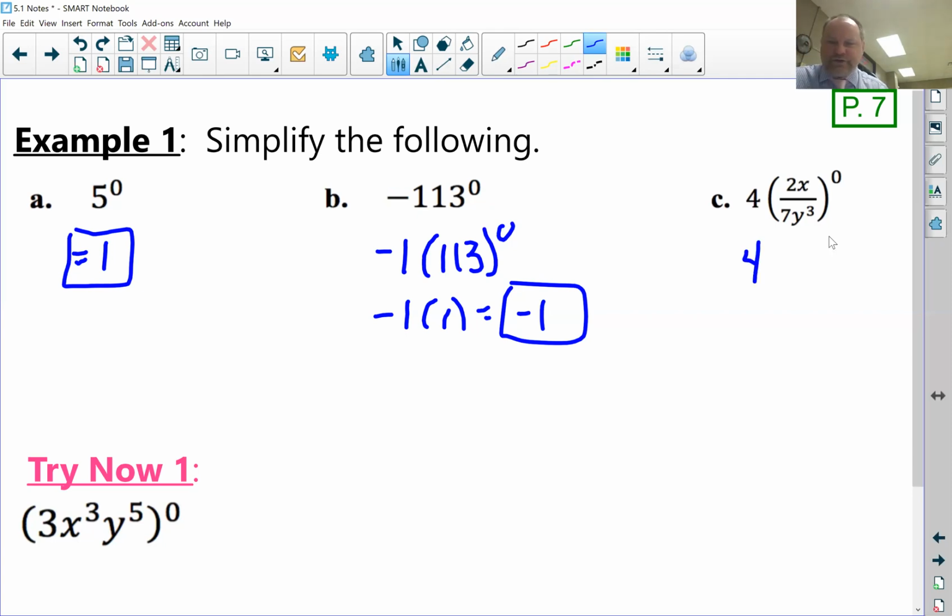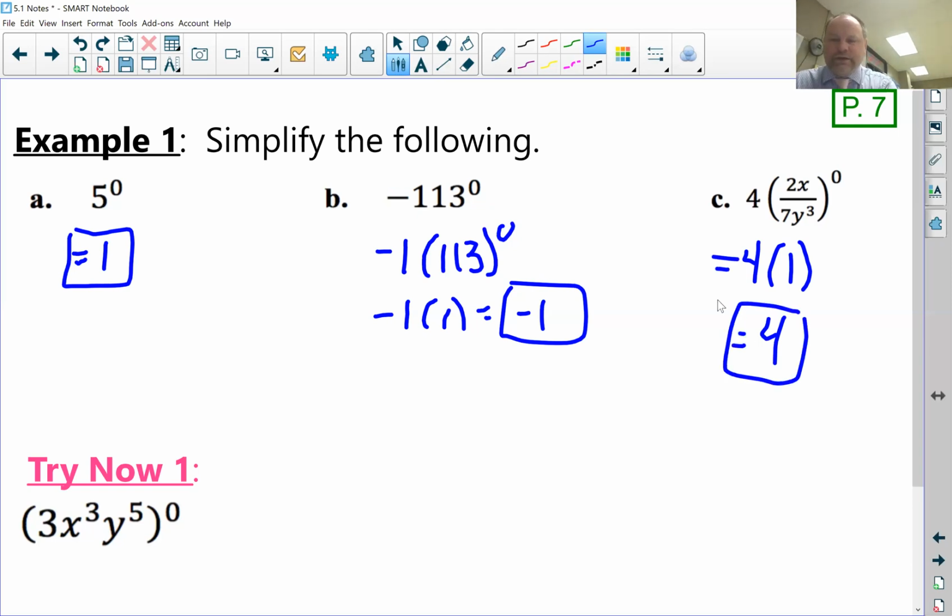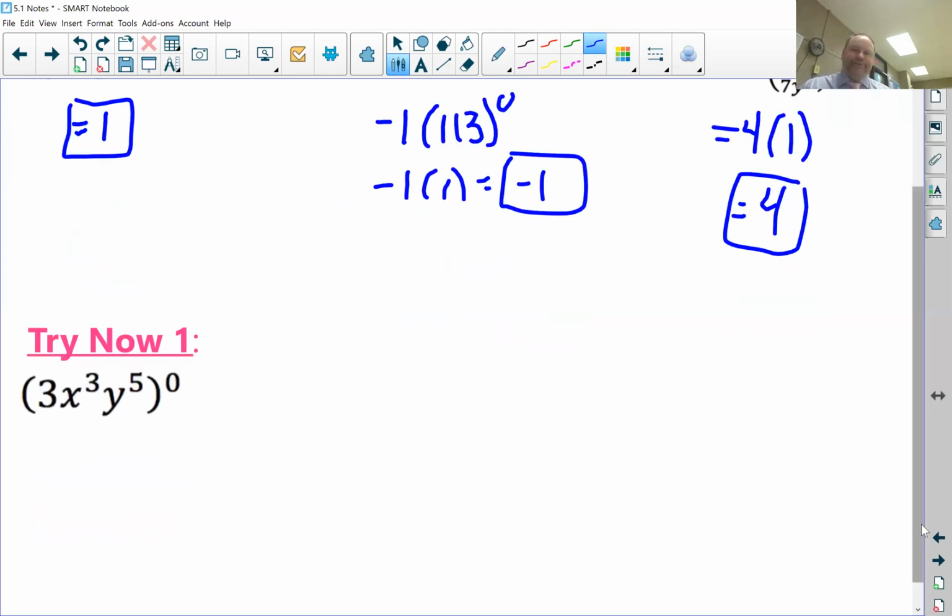2x over 7y cubed, all raised to the 0 power, is 1, and we're going to multiply that by 4. So here we get an answer of 4. For the try now, what is this equal to? Go ahead and just unmute and shout it out, or type it into the chat.